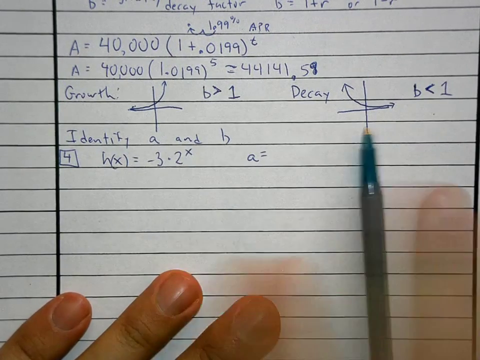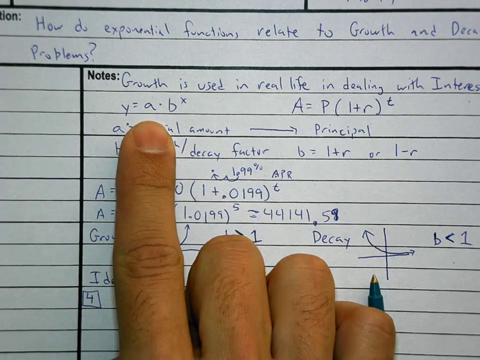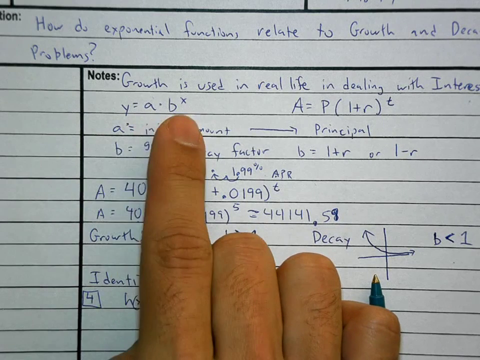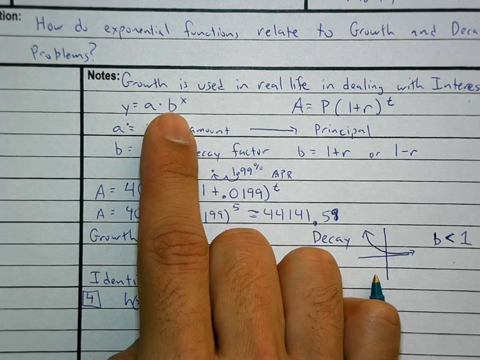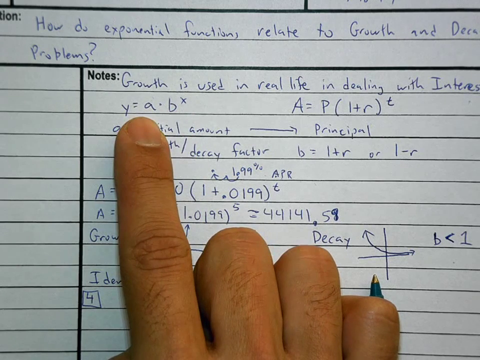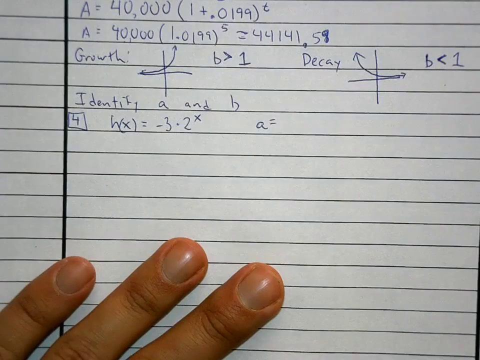We're looking at this form, y equals a times b to the x. How do I know what's a and b? The b is the one that's the base of the exponent, and the a is whatever's in front of that. What's multiplying it?